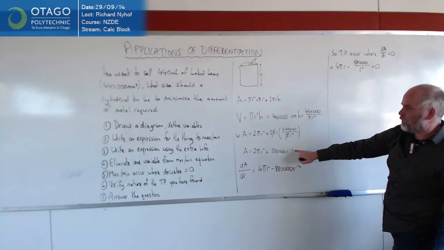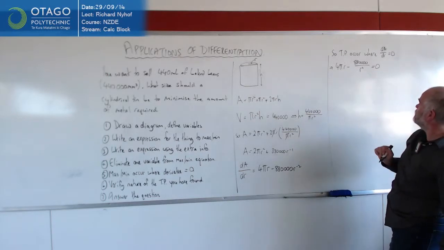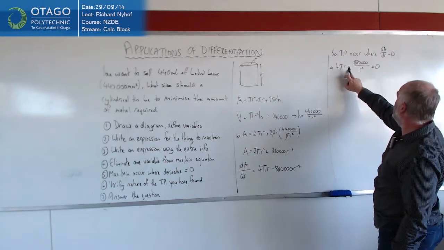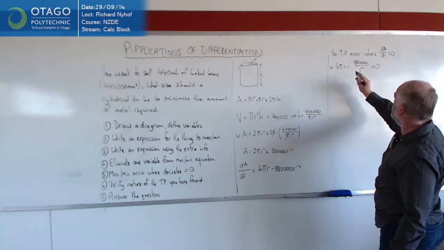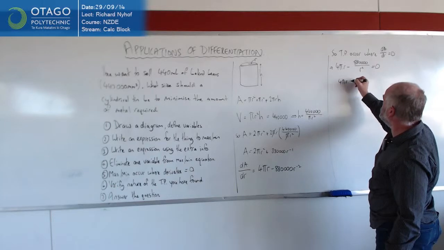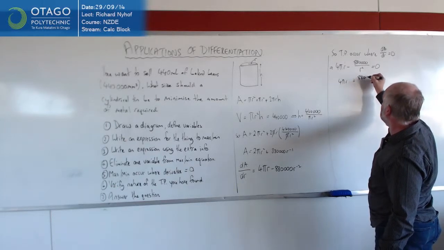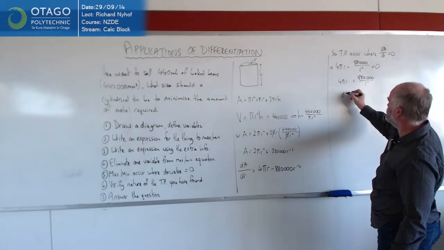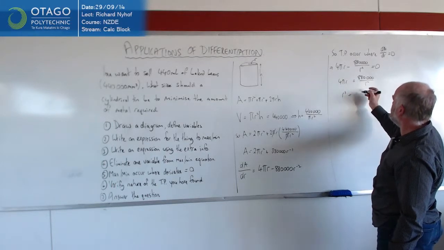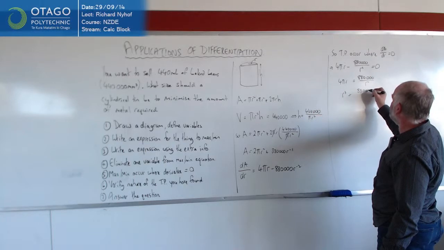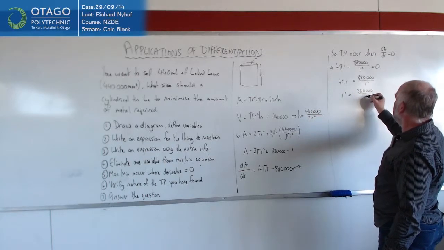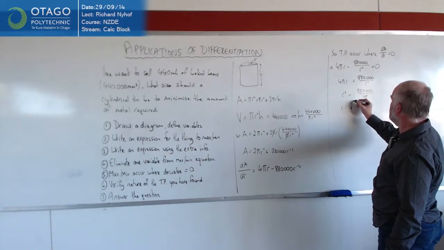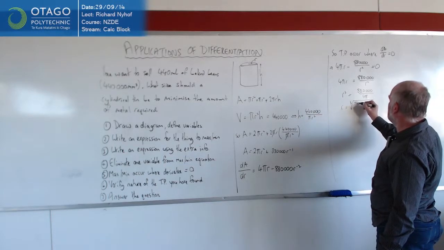This is a great form for differentiating, but this is a lot nicer for doing algebra with, at least in my head. So we're going to chuck that over to that side. Let's do it a couple of steps here to make sure we don't lose anything. 4 pi r cubed equals 880,000. Bring the r squared up on that side to give us an r cubed. Chuck the 4 pi under here. So r equals the cube root of that dirty great number.